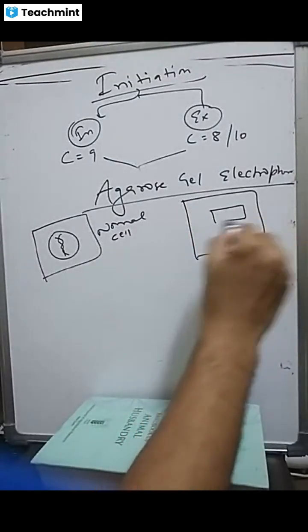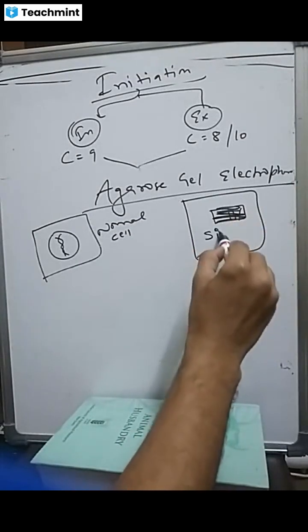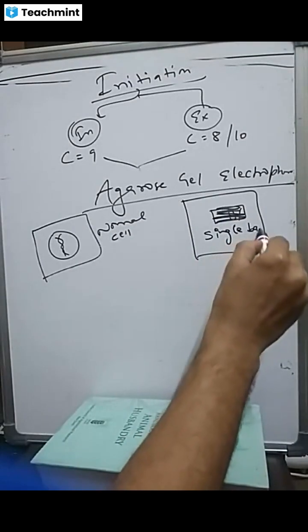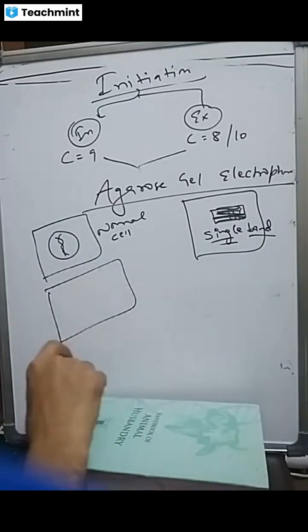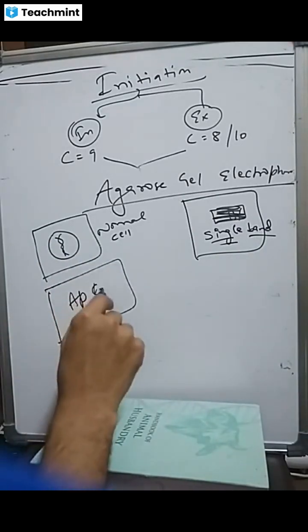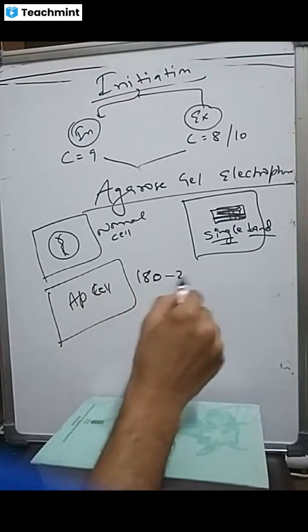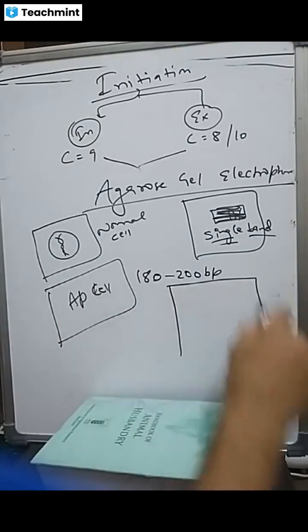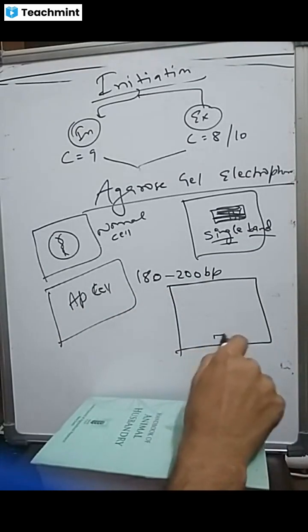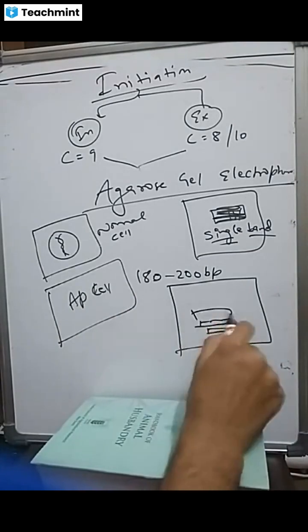In case of an apoptotic cell, because there are fragments of 180 to 200 base pair, we'll find it like this: small, then big, then bigger, like this.